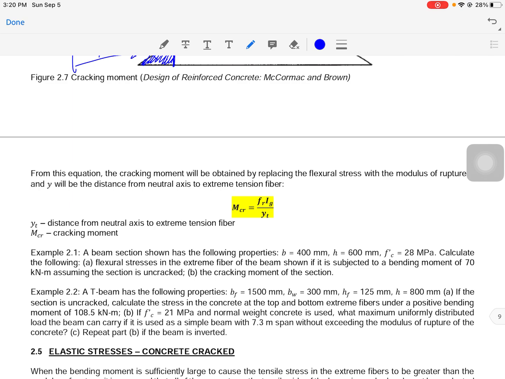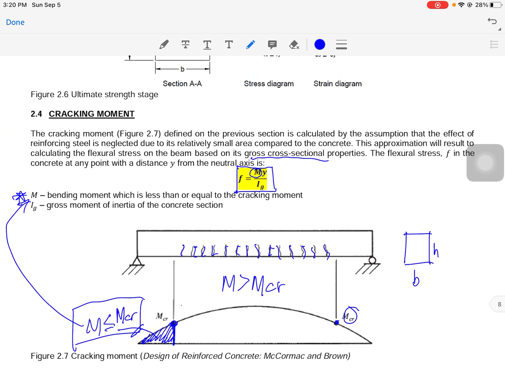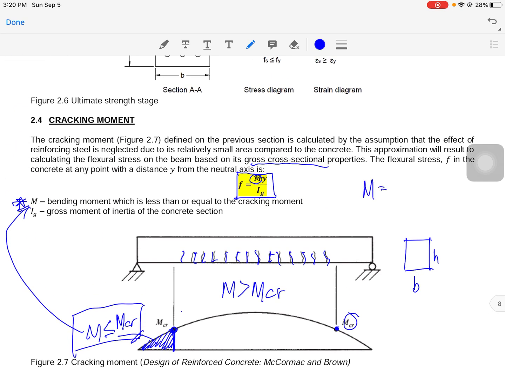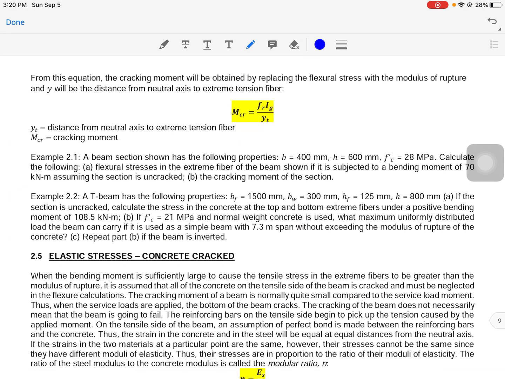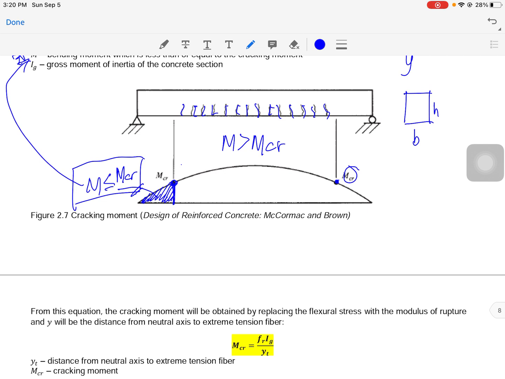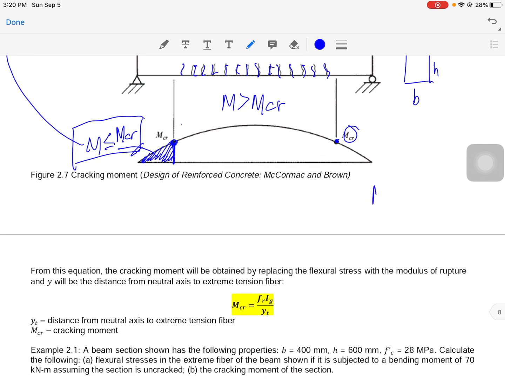From this formula, cross multiplied, M is equal to f Ig over y. So f is being replaced with fr, the modulus of rupture.